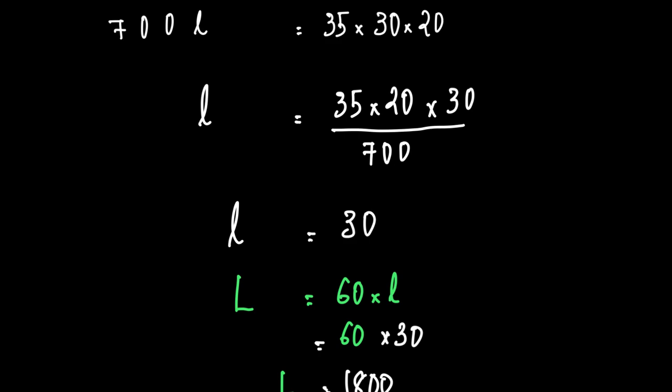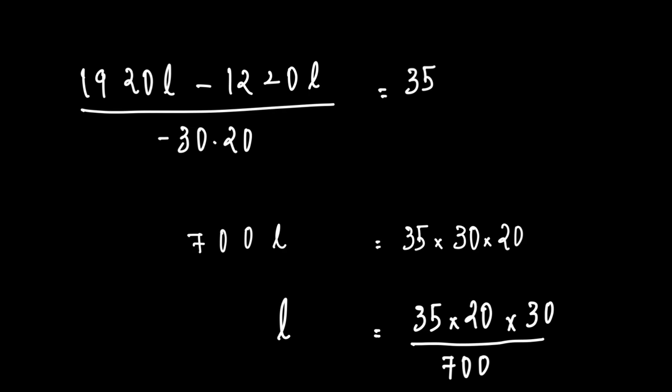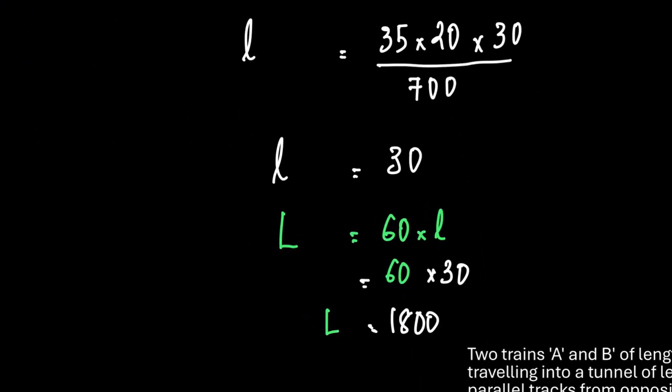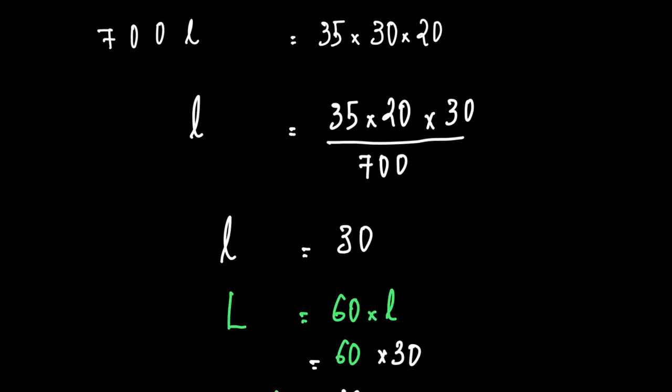So let me just confirm the calculations here as well. So yes, 64 into 3 is 192. Yes, 64 into 12 is 1220. Okay, that's correct. 70 by 70 is 1, so all you have is 30, L is equal to 30, yes, so that's correct.